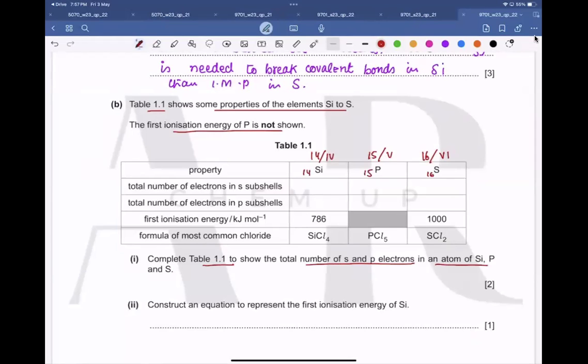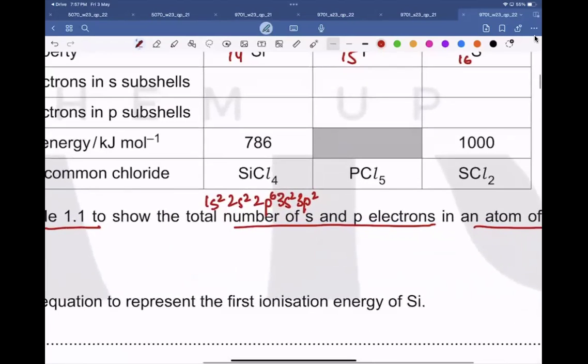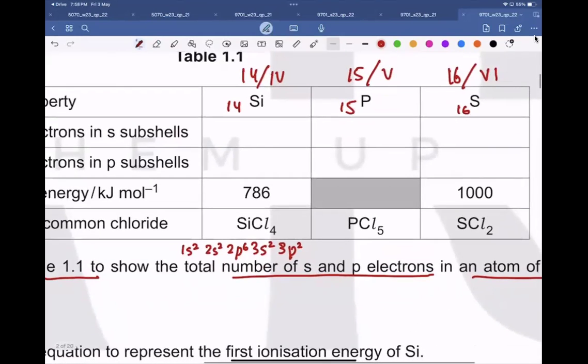If you write their electronic configurations, silicon is 1s2, 2s2, 2p6, 3s2, 3p2 for 14 electrons.